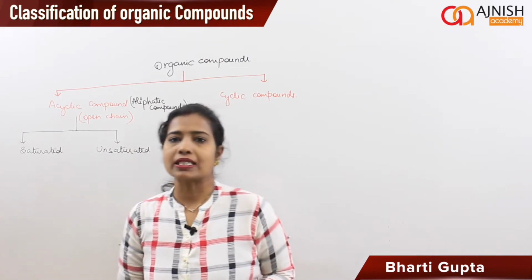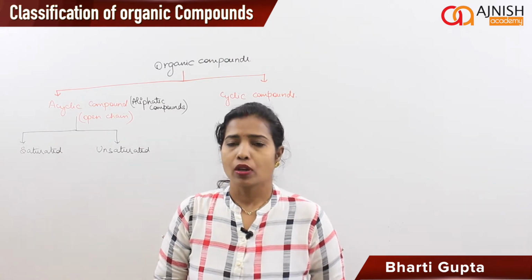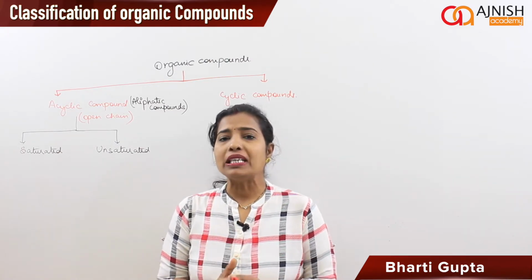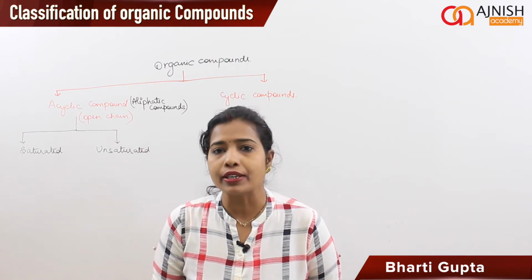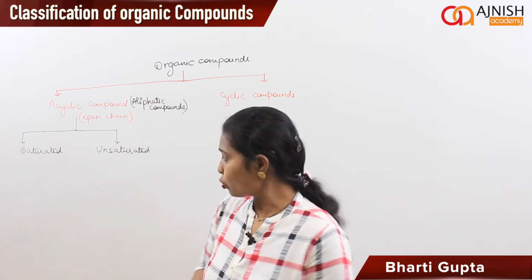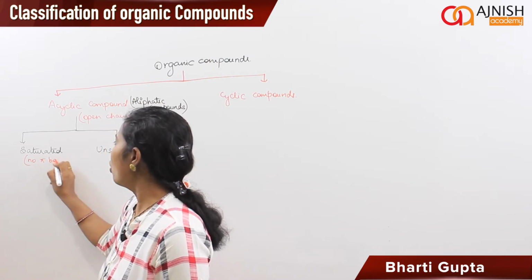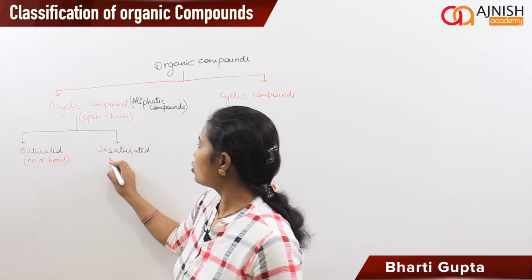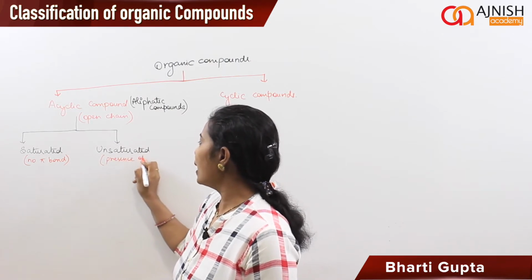Open chain compounds, acyclic compounds, can be of two types, saturated and unsaturated. We know saturated means there is no pi bond in the molecule. When there is no pi bond in the molecule, it is called saturated, and if a pi bond is present, it is unsaturated.